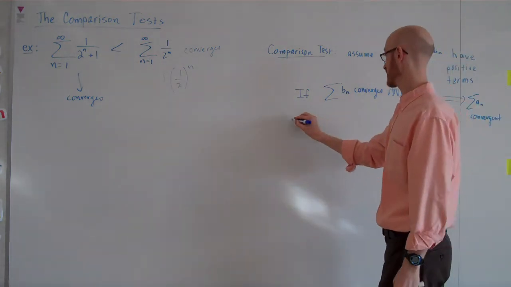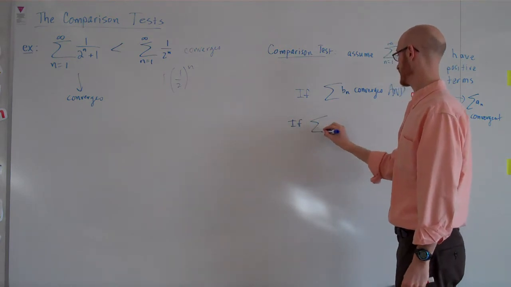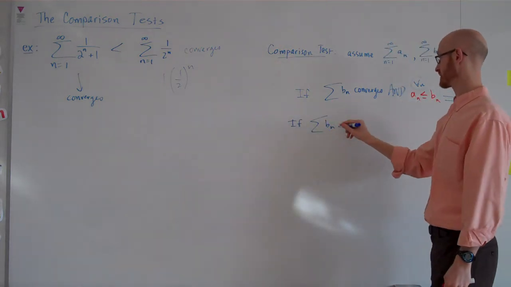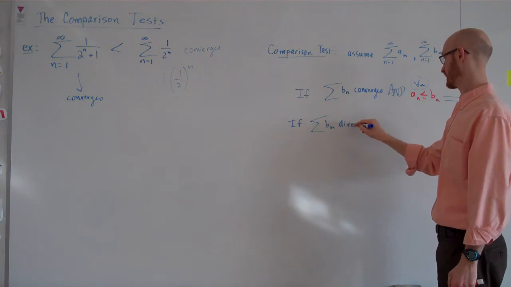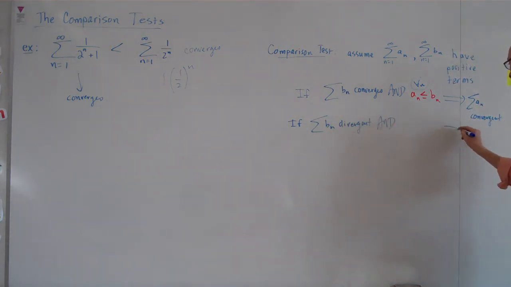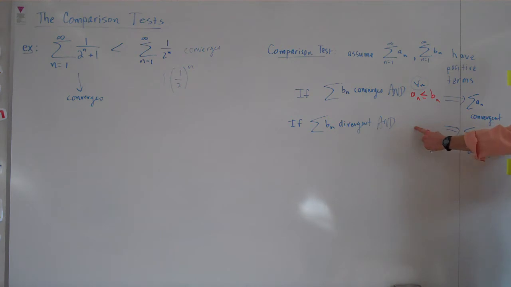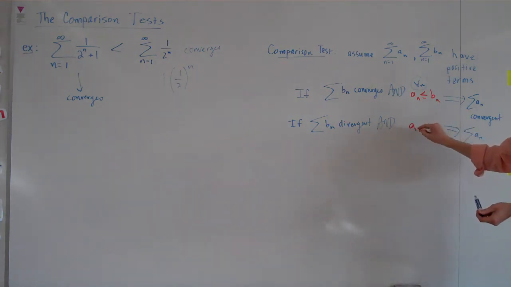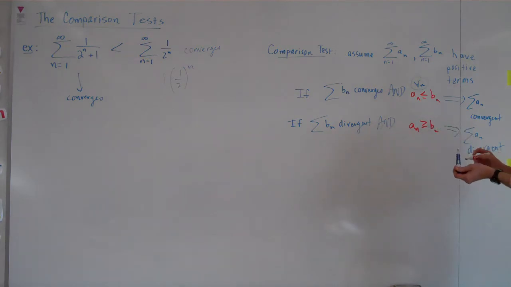Now, a similar statement would be to say if b sub n, again infinite sum, I'm just not writing it in, if the infinite sum is divergent, and that, then a sub n is divergent as well. So think about what I could put in right there. It's basically just to say the opposite, which is what I said at the beginning.